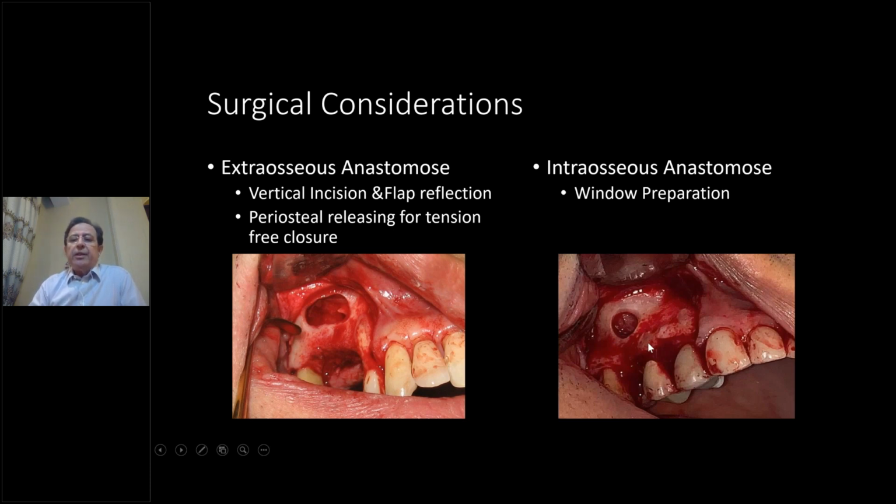If we can detect the intraosseous anastomosis, we can modify the location of our window to prevent damaging it, because the control of bleeding from the intraosseous is very difficult.